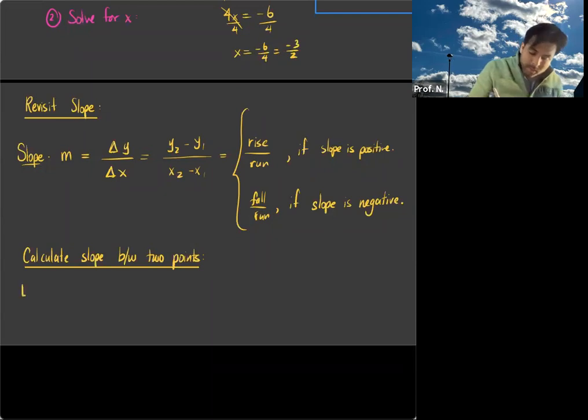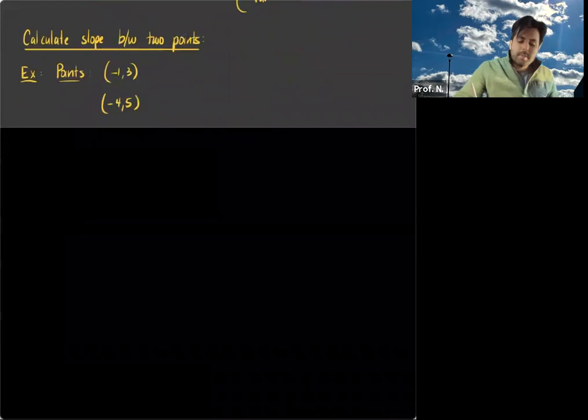So let's suppose I have 2 points. One of the points has the coordinates -1, 3, and the other point has the coordinates -4, 5. So these are 2 points in space, right?